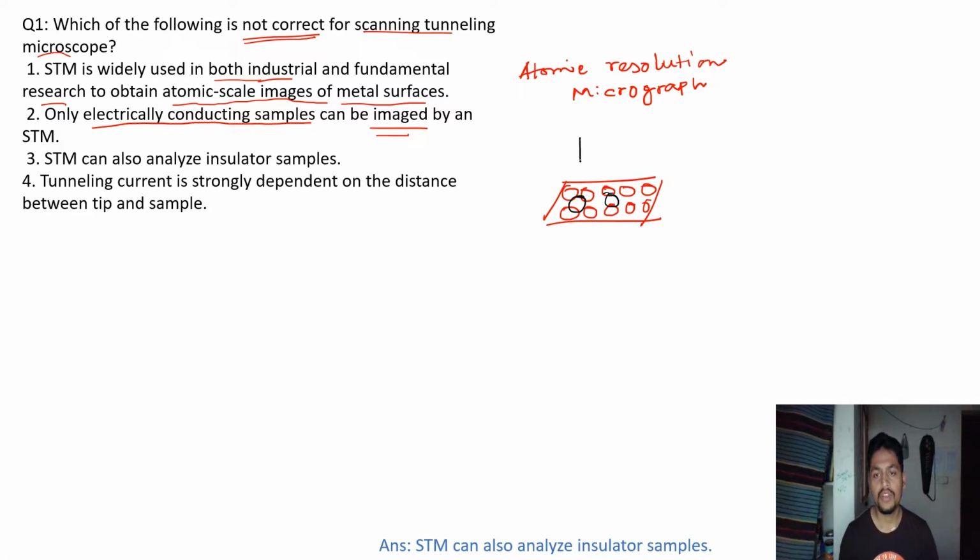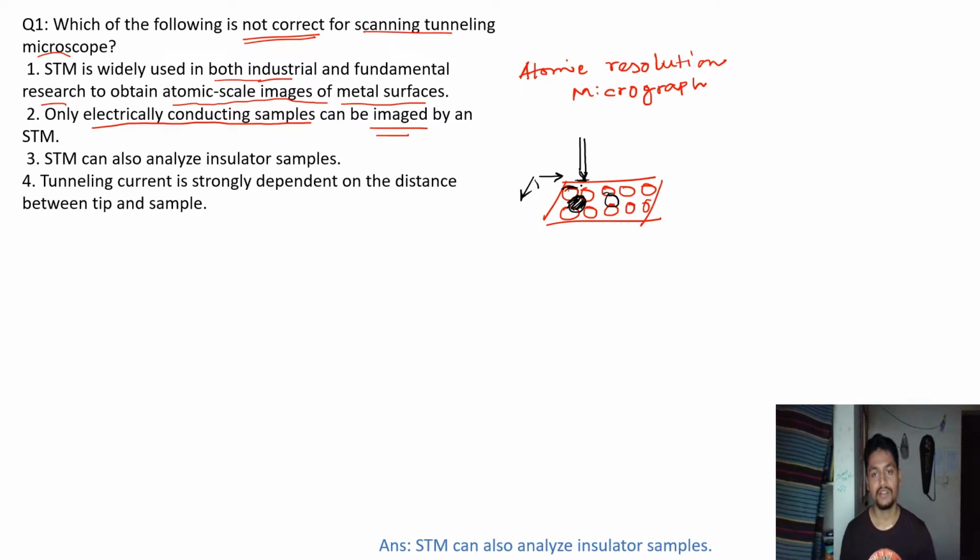Now, in STM there is an atomically sharp tip, a very sharp tip, and it scans in these two directions and tells us the height. If this is a surface atom, it is a lower height, and the adatom is above that. If we keep the tip at the same height, the distance between the tip and the surface molecule will be different from the distance between the tip and the adlayer.